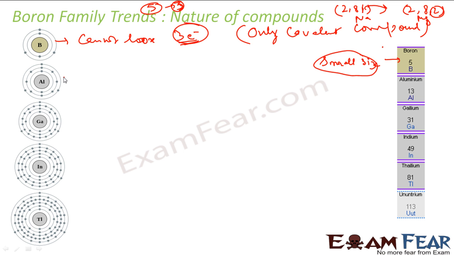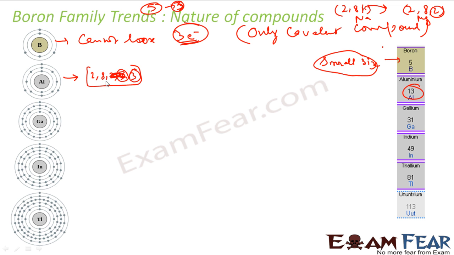The moment we talk about aluminium, this 13 here, right? So it is 2, 8, 3. It has 3 valence electrons extra. Correct? So it can easily give 3 electrons to form a bond.